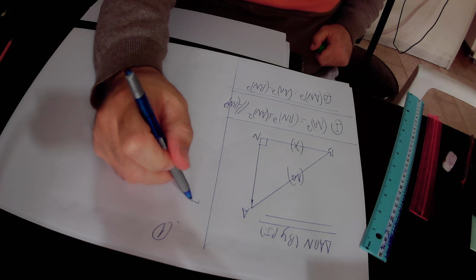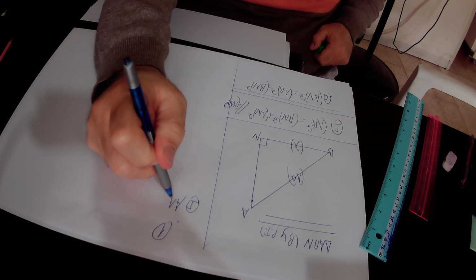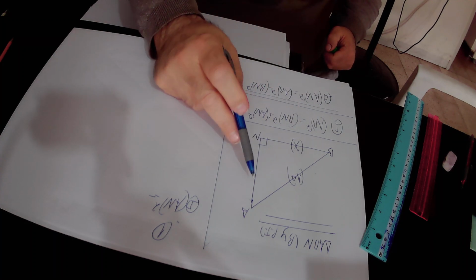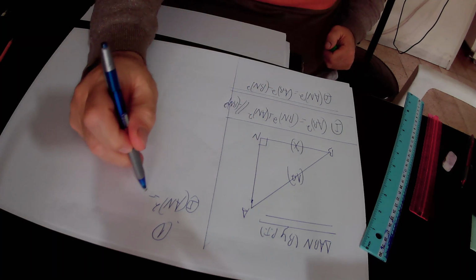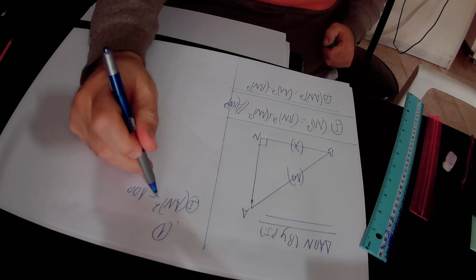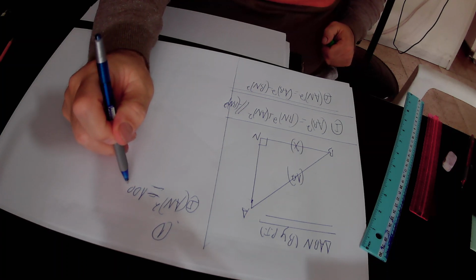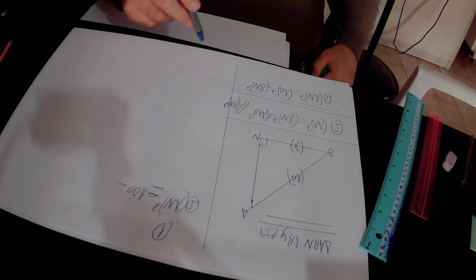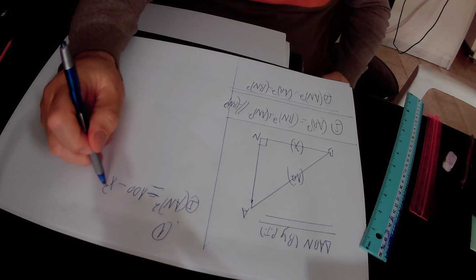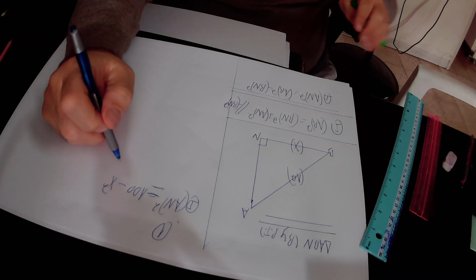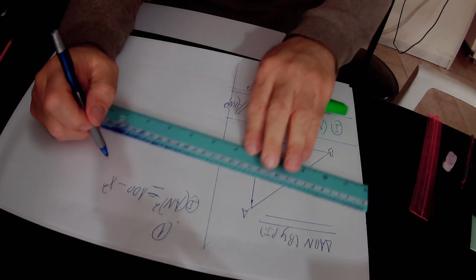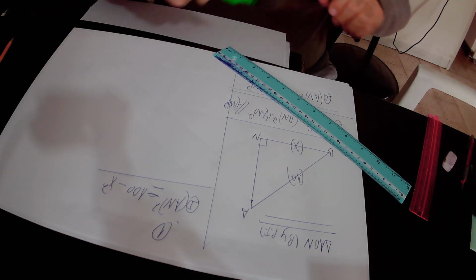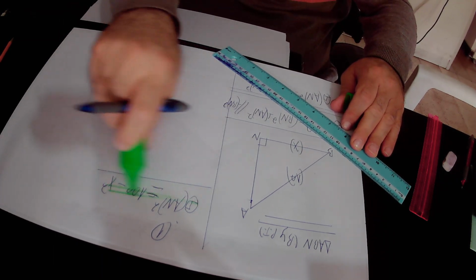So AN square equals AB square. AB is 10, therefore AB square is 10 squared, that is 100, minus BN square. BN is X, therefore BN square is X squared. So in conclusion, according to equation 1, AN square equals 100 minus X squared.